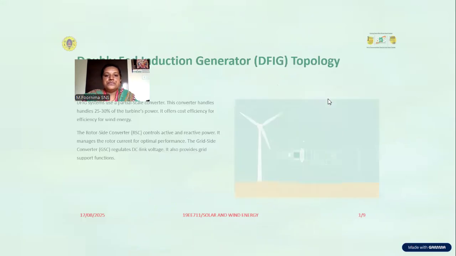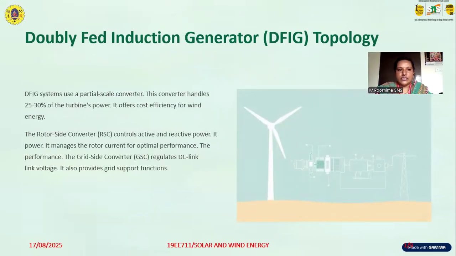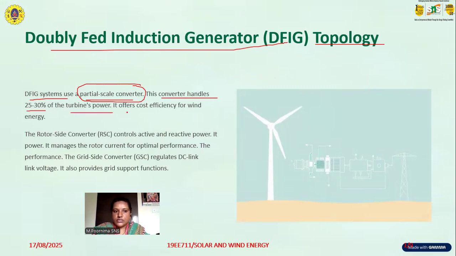Now coming to the next, what types of topologies are we using. One is the doubly fed induction generator, DFIG topology. What do we mean by DFIG systems? It uses a partial scale converter, which is the main important thing. This converter handles 25 to 30% of the turbine power. It offers cost-effective wind energy.